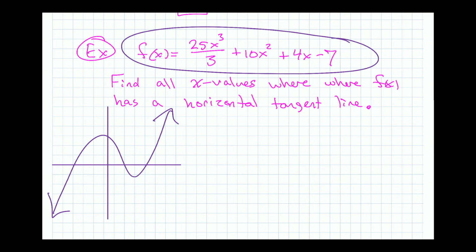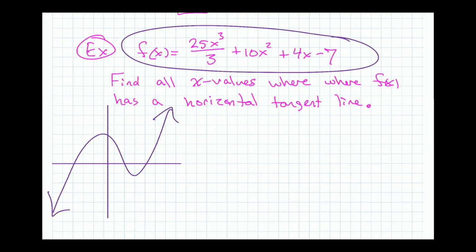All right. Now, where would, in this case, the horizontal tangent line be? Well, horizontal line has slope 0, right? So there would be a horizontal tangent line here, and there would be a horizontal tangent line here.